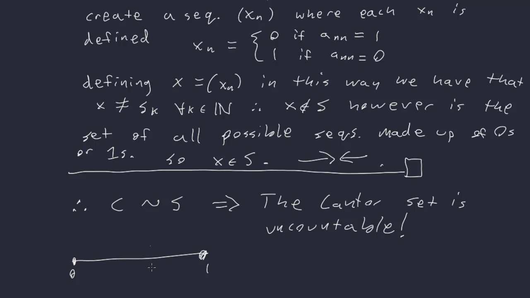But what we're doing with the Cantor set is essentially breaking it into multiple pieces over and over and over again, until it looks like there's nothing left. Yet, it's actually uncountable.